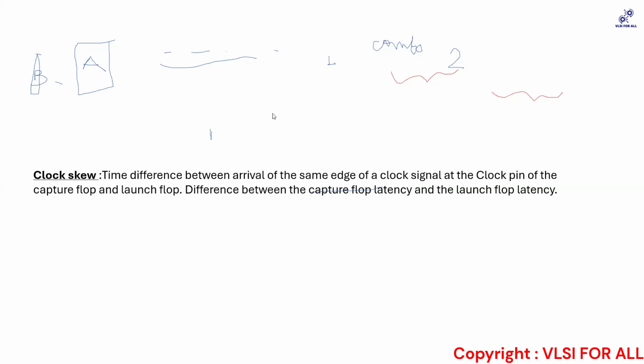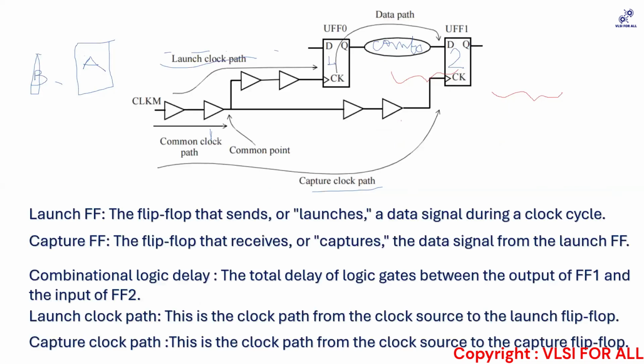Earlier we had looked at a diagrammatic representation. Now, guys, with respect to this diagram, let's say I am giving a number to all these buffers: 1, 2, 3, 4, 5, 6.